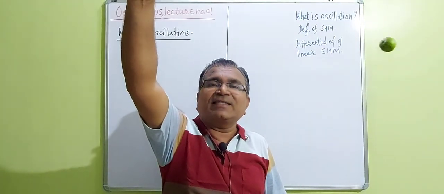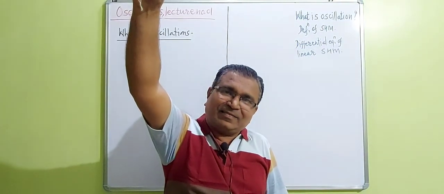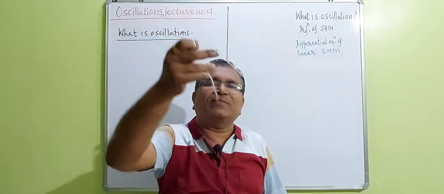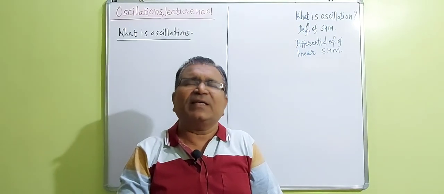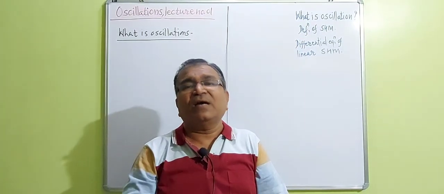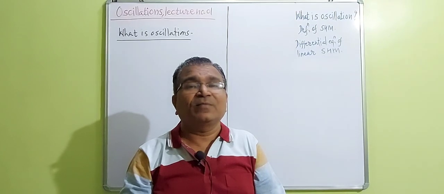We call it oscillation. It is a periodic motion because it repeats itself after a definite interval of time.